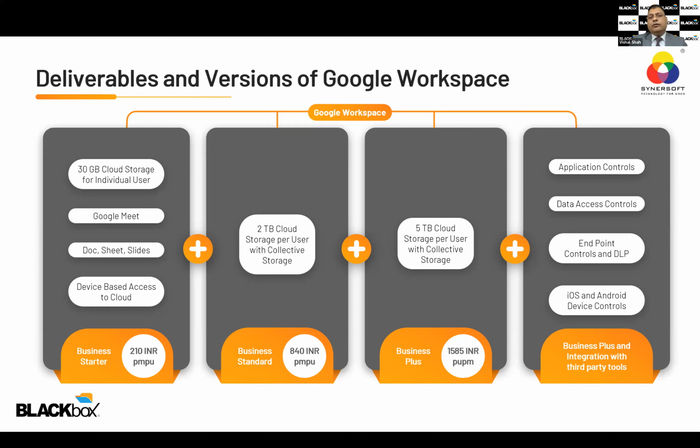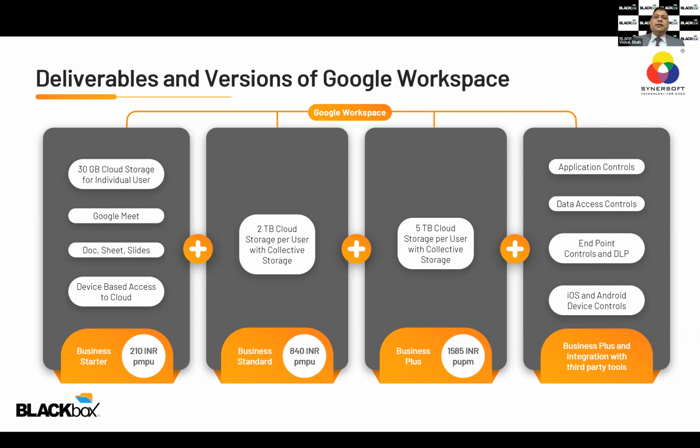So whether you buy Google service or Microsoft service, you will have to buy it with all those application controls, data access controls, endpoint controls, everything. Microsoft offers everything in its highest offering. For Google, if you are less than 250 users, you can go for its highest one, which is 1585 or 840, and then you have to apply third-party solutions. So these are the two things.